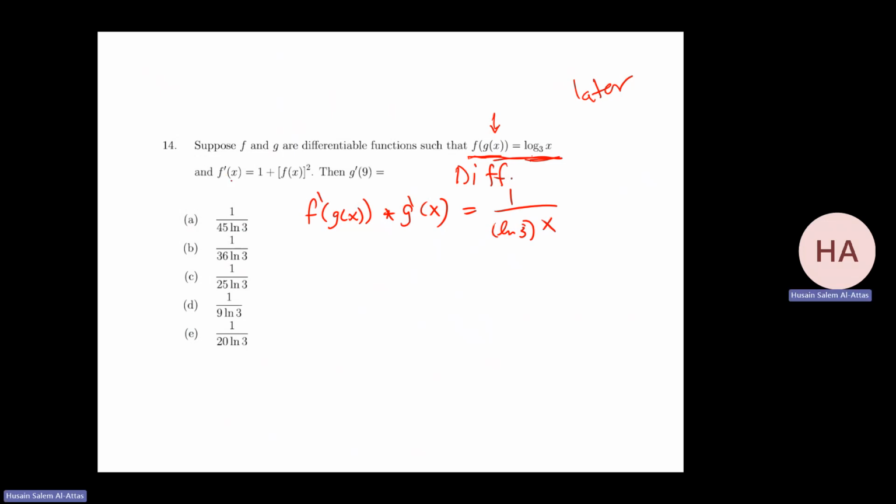I know that f prime of x will be 1 plus f of x squared. So let me put instead of x, g of x, using this expression. So I'm getting what? 1 plus f of g of x squared times g prime of x equal to this.